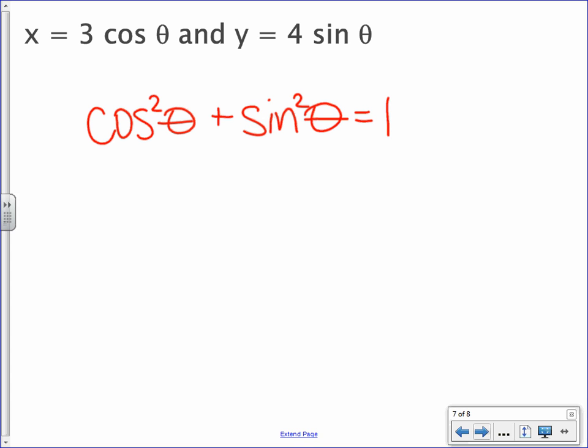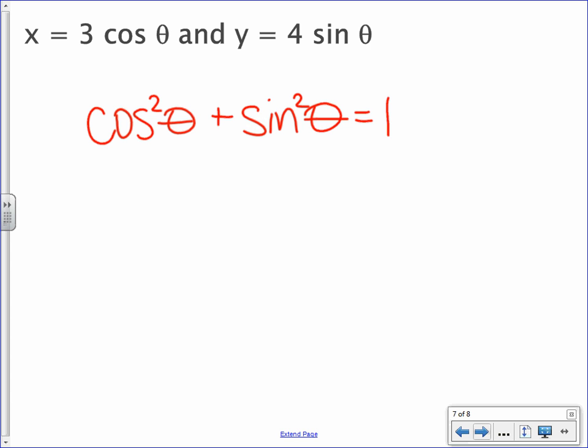We have cosine squared plus sine squared equals 1. Okay, this is one of our trig identities. It's something that relates sine and cosine together. We picked this one because we have a cosine and a sine.